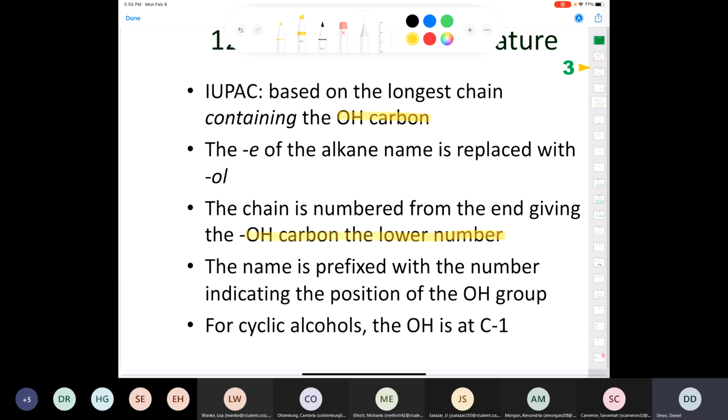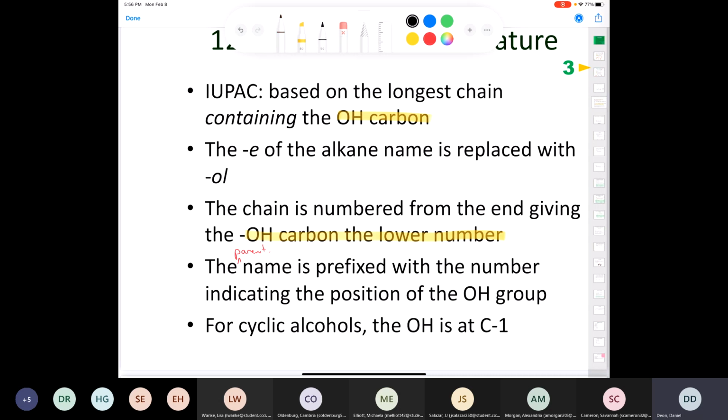Then the name of the parent, and that's the longest chain containing the carbonyl carbon, is prefixed with the number. So let's say you had propanol, you could have 1 propanol, 2 propanol, 1 butanol, 2 butanol, so on and so forth. And then if you have a cyclic alcohol, the hydroxyl is at carbon 1.